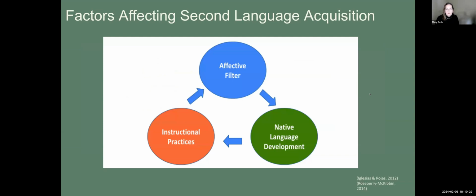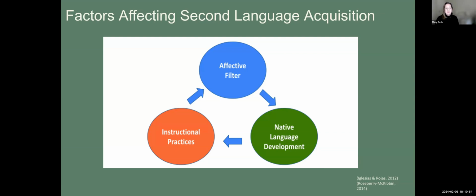There are things that affect second language acquisition and how quickly a student is going to acquire a second language. What we start out thinking about is their affective filter. An affective filter is an imaginary screen, I would say, that inhibits a student's learning when certain outside factors are present.